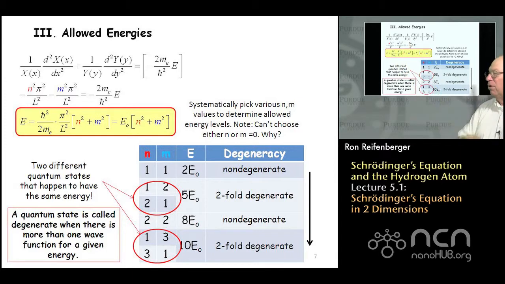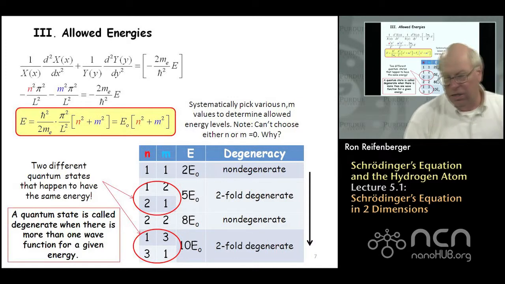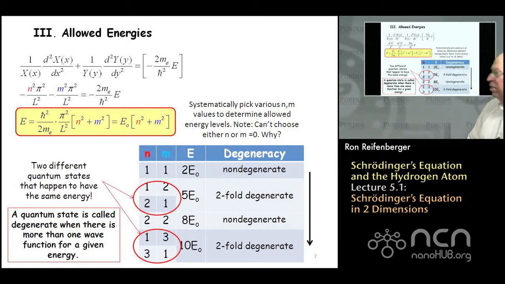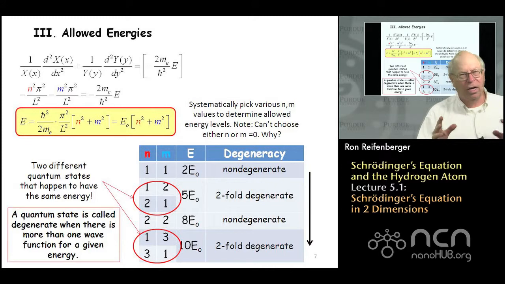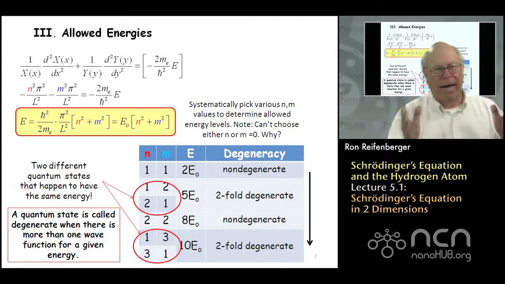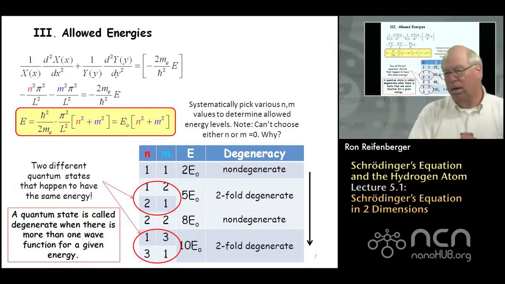You can then divide both sides of the equation by the wave function, and you're left with an equation that I write down in the yellow box, which says what the allowed energies are, right? The allowed energies depend on the constants of the system, so they depend on h bar, the mass of the particle m sub e, the size of the box L, times the square of n plus the square of m, where n and m are the two integer numbers that are required to match boundary conditions for the problem.